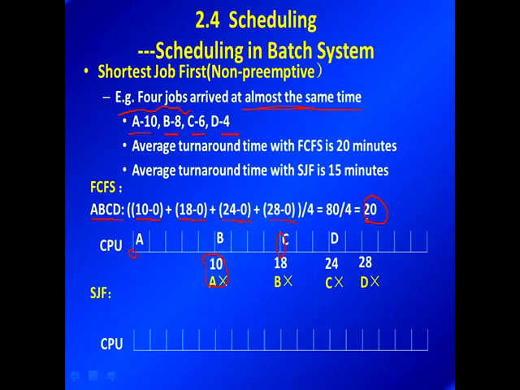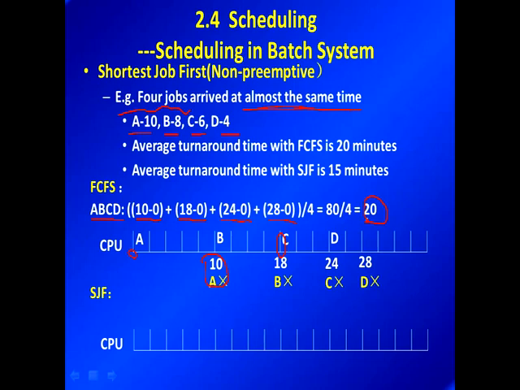So this is for FCFS, and if we adopt SJF to schedule the same 4 jobs, then we'll get a different result on the turnaround time. So let's follow the steps.